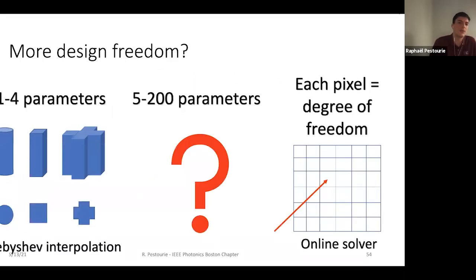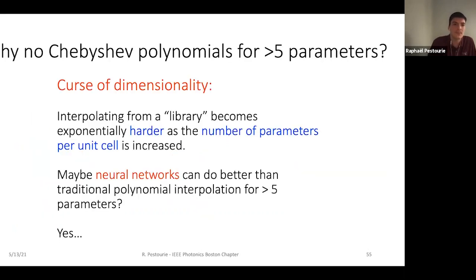I want to also talk a little bit about neural network surrogates. Like I told you, we have a solution when you have 1 to 4 parameters per unit cell, and we have a solution when you want to give complete freedom. But is there a way to have a fast surrogate model somewhere in the middle, when you have more than 5 parameters but less than 1,000?